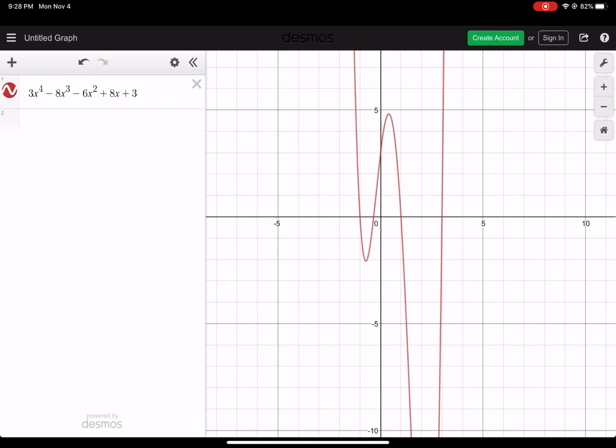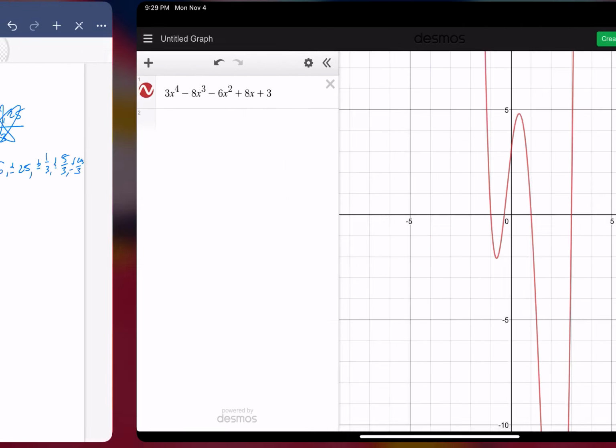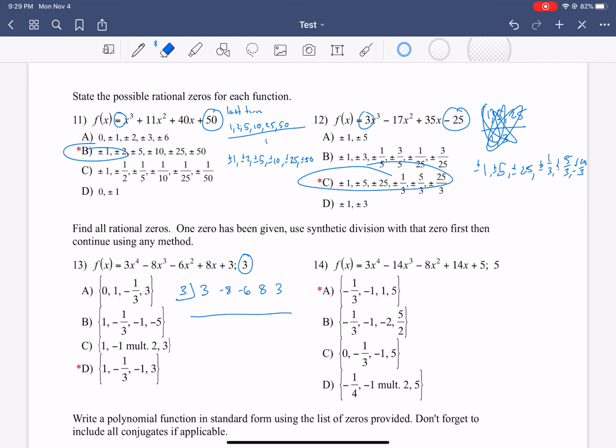Again, I'm not going to try to use the Desmos features here, but we can kind of see that it looks like it crosses at -1, some number in between 0 and -1, some number at 1, and then at 3. So if we go back, we said again, -1, something in between -1 and 0, and then we said 1 and 3.